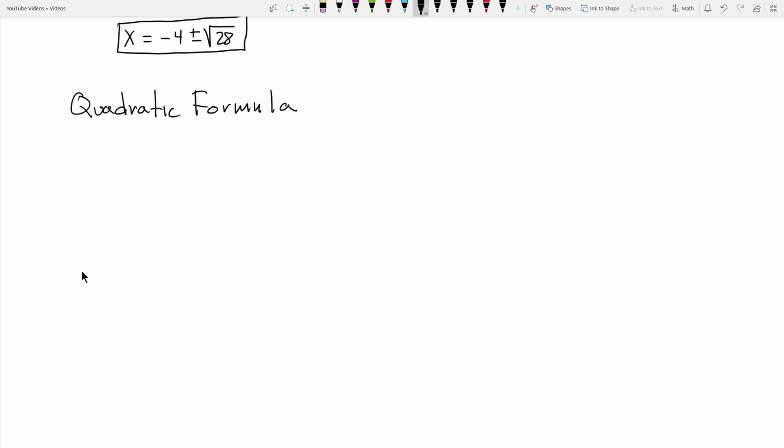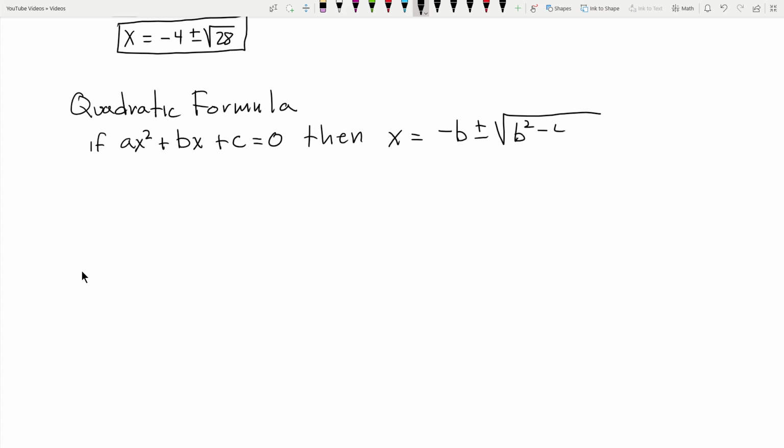But the quadratic formula says if ax squared plus bx plus c equals 0, then x equals negative b plus or minus the square root of b squared minus 4ac, all over 2a.